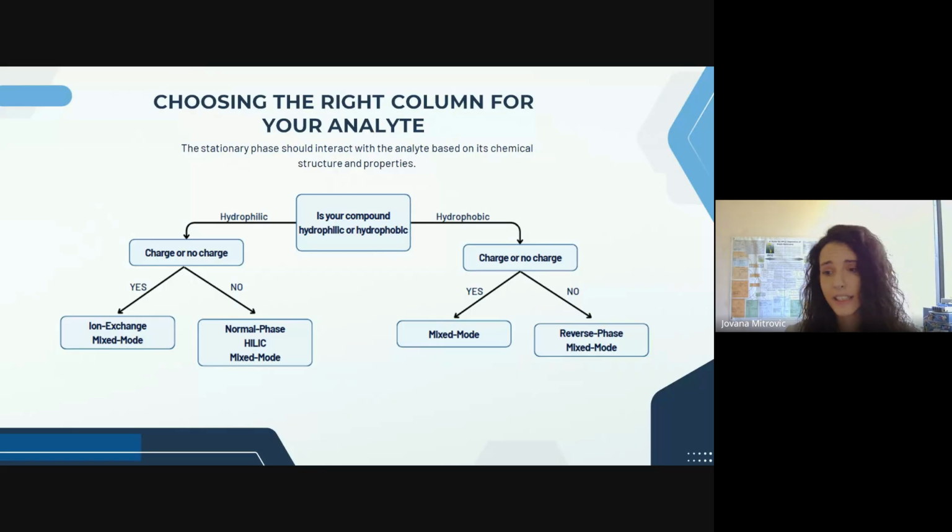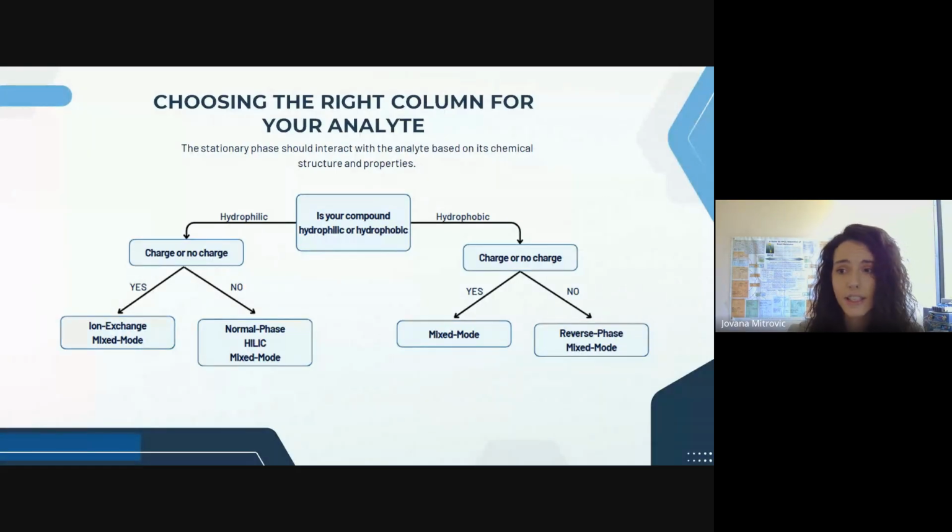If the analyte is, for example, hydrophilic or polar, then normal phase or HILIC columns might be more appropriate, particularly if strong retention of very polar molecules is needed. Now, what if your analyte is charged, such as an acid or base? That's when ion exchange columns become useful. Use cation exchange columns for positively charged analytes, or use anion exchange columns for negatively charged analytes.